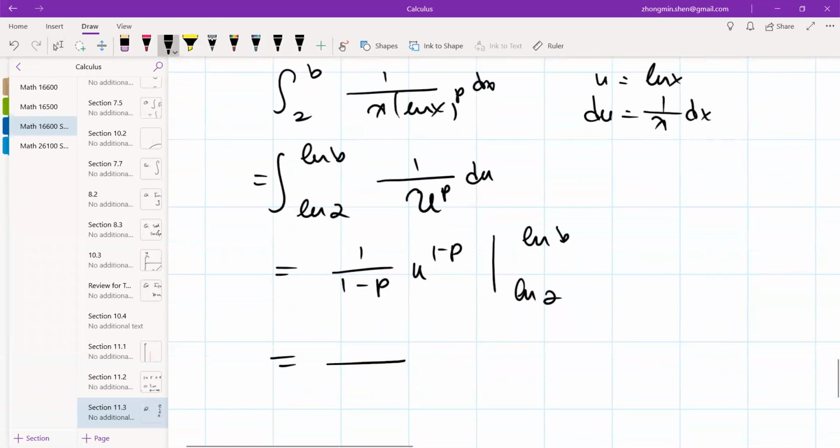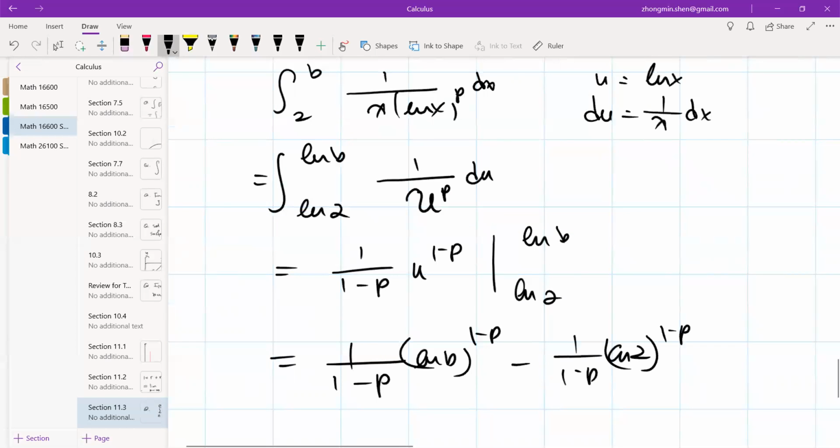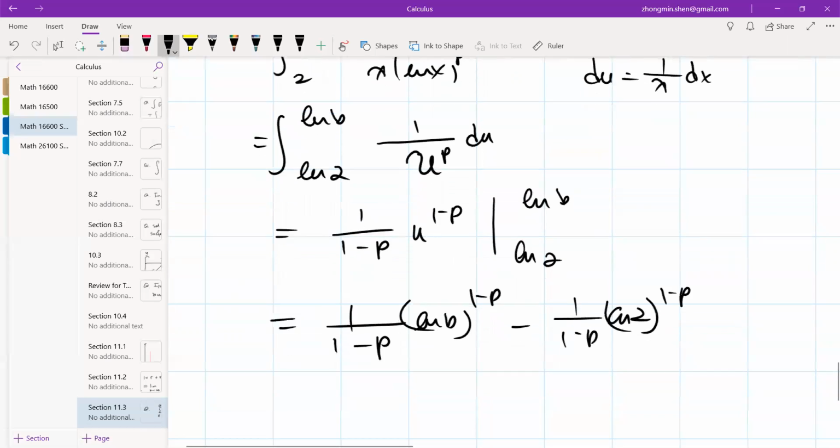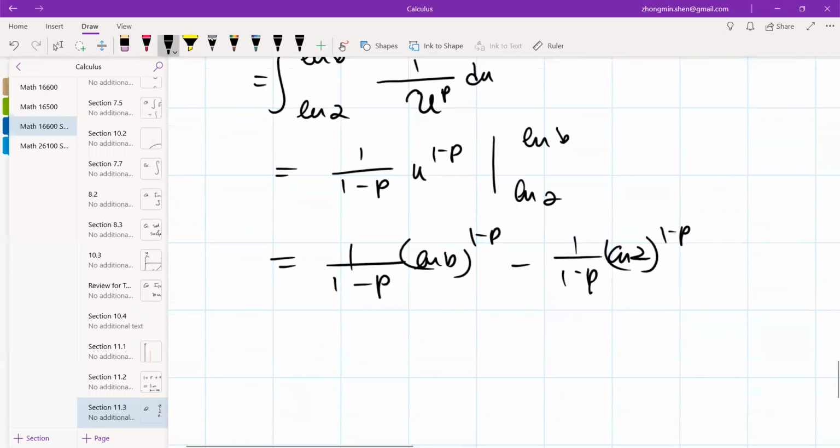So you will get, okay, the limit, this goes to a finite value when p is greater than 1.